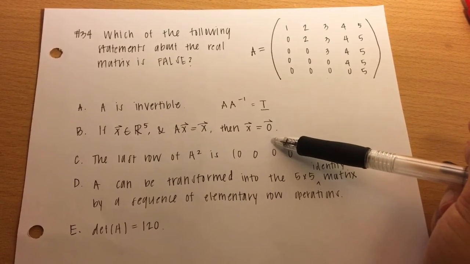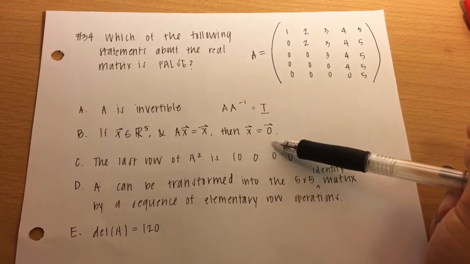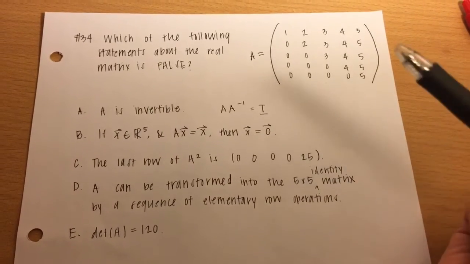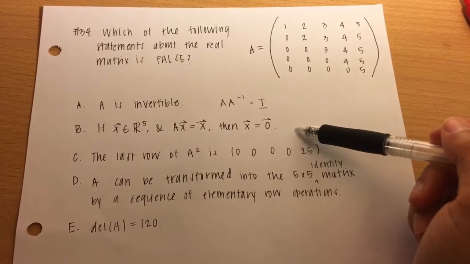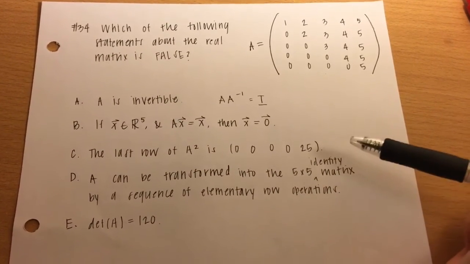That's a problem because eigenvectors are supposed to be non-zero vectors, which correspond to non-zero eigenvalues. So that's wrong, but let's just double check the other options just to make sure.